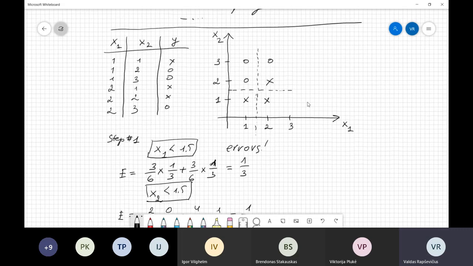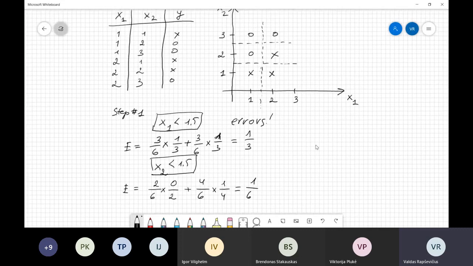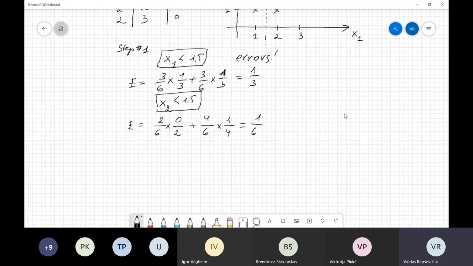If we look into this split, that would be a candidate, and we would see exactly the same situation, exactly the same error, because it would have 2 circles on that side and 3 x's and 1 circle on the other side. So by splitting on 2.5, we would not gain any more information.